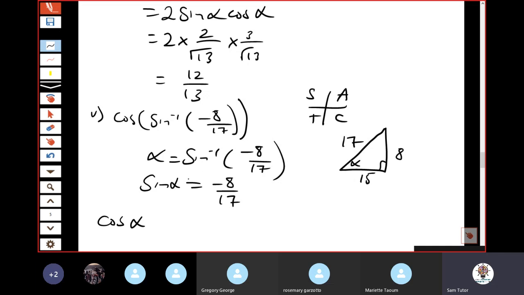And then sine is negative. Now I've got to be careful here. Sine is negative. What do we know about tan and about cos? Well, cos will be positive if sine is negative.